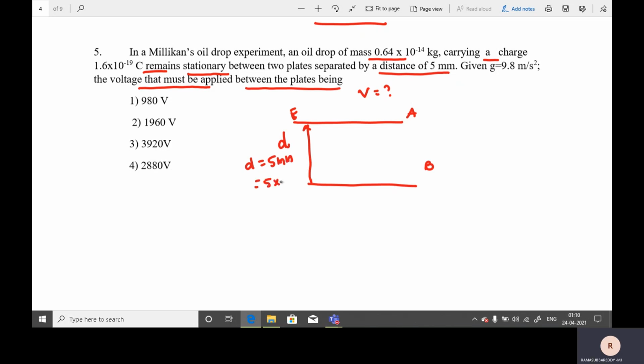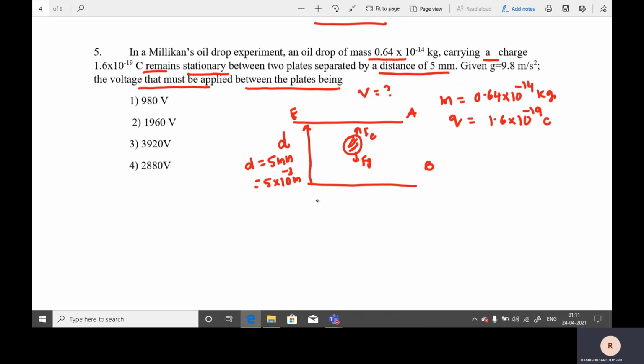So convert 5 into 10 to the power of minus 3 meter, and given mass is 0.64 into 10 to the power of minus 14 kg and the charge is 1.6 into 10 to the power of minus 19 coulomb. So here it will be stationary. When it is stationary, gravitational force is balanced by the electric force.